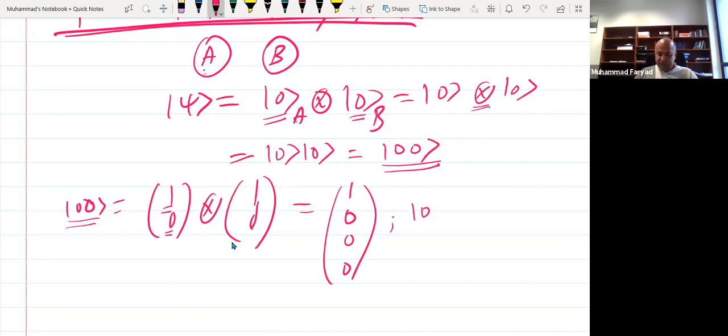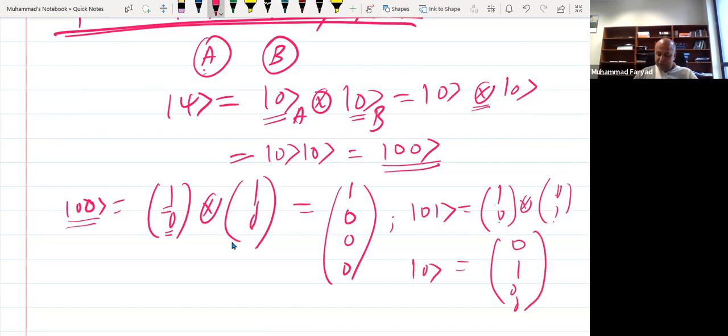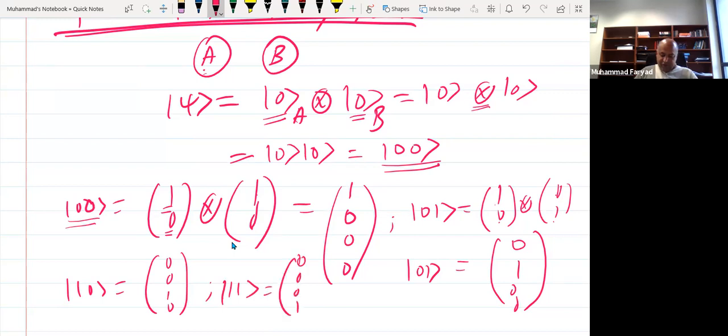Similarly, I can find the column vector for 0, 1 state, which is (1, 0) tensor (0, 1). 1 multiplies with (0, 1) and I get (0, 1), 0 multiplies with (0, 1) and I get (0, 0). So 0, 1 is the vector (0, 1, 0, 0). Similarly, 1, 0 is (0, 0, 1, 0), and 1, 1 is (0, 0, 0, 1).